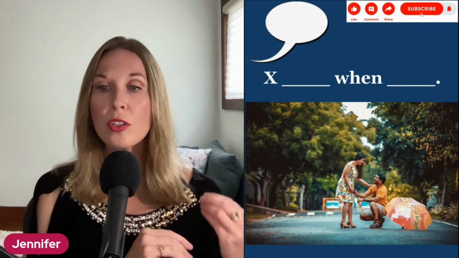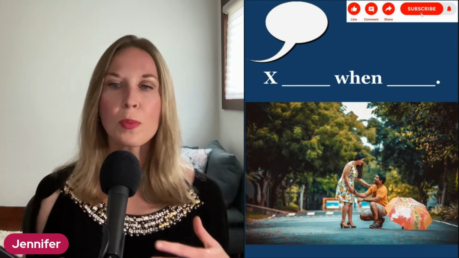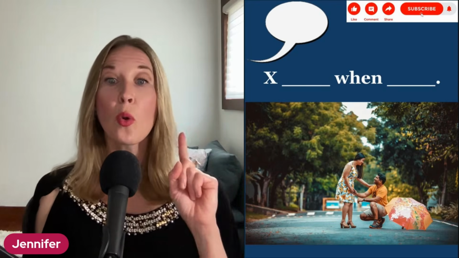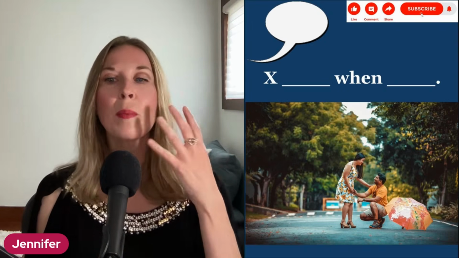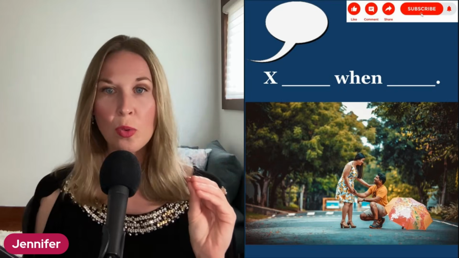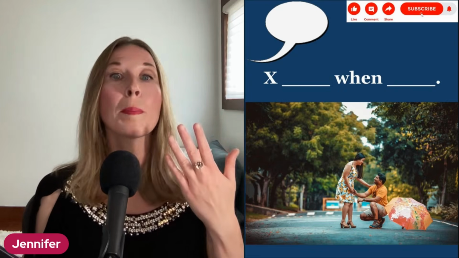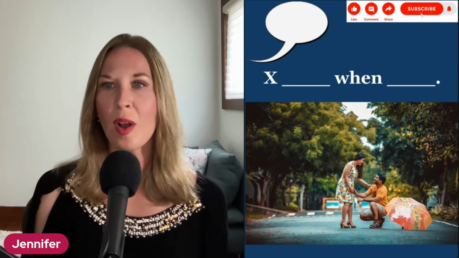Remember, you can also practice that negative structure. You could even practice asking a question as well, just to get comfortable with different structures. And remember, open your mouth and practice. Repeat after me. When I teach you a new structure, repeat the sentence, repeat the structure as well.